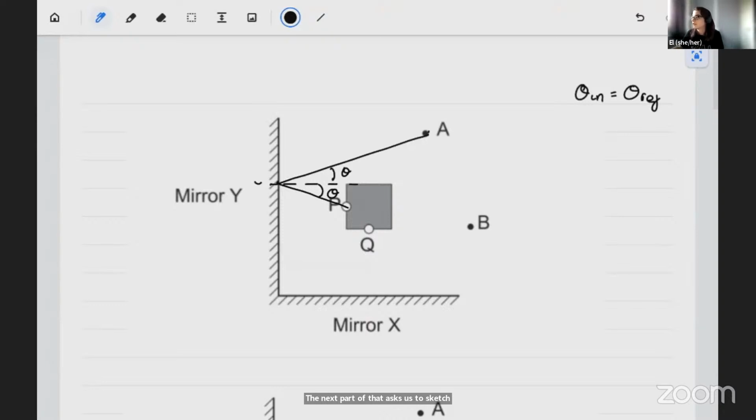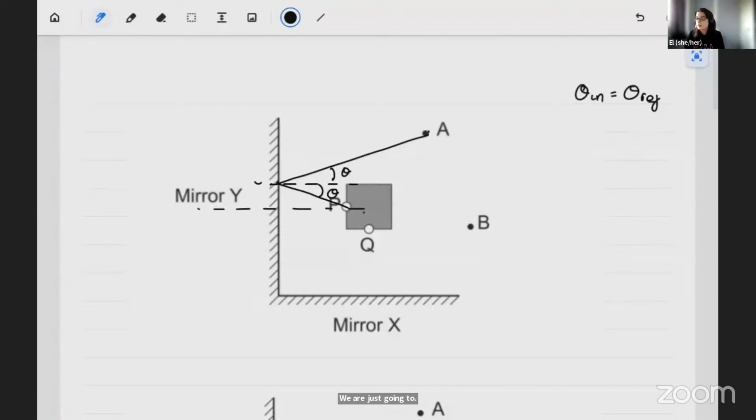draw a ray from P to the observer at A and mark R the position of the image. So as Nina did, to find the position of the image, let me just draw this parallel line.